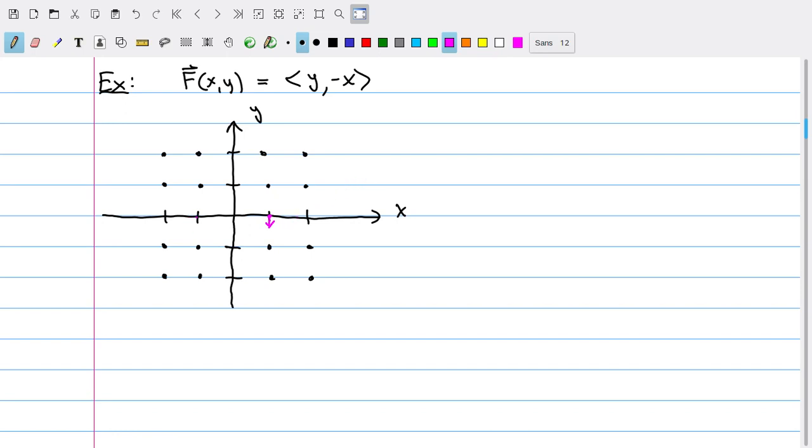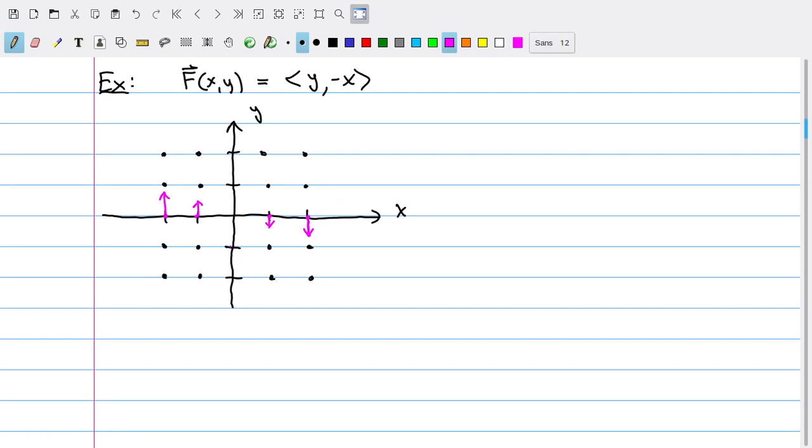At minus 1, 0, I get the vector 0, 1, which is the same length but pointing in the upwards direction. At 2, 0, I get the vector 0, minus 2, so I should draw a vector arrow which is about twice the length of the previous one. And similarly on the left-hand side.